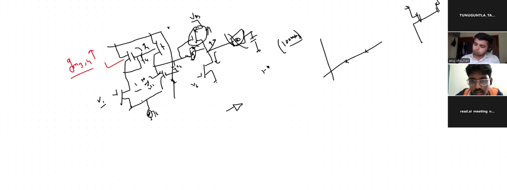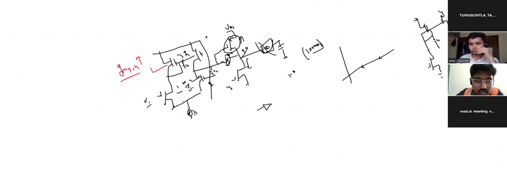These are ground. I am assuming an equivalent capacitance C1 here. If we are doing it in the differential mode, we can ground these things.